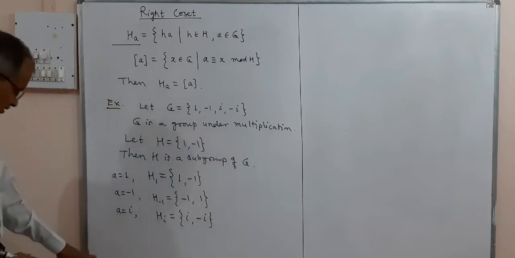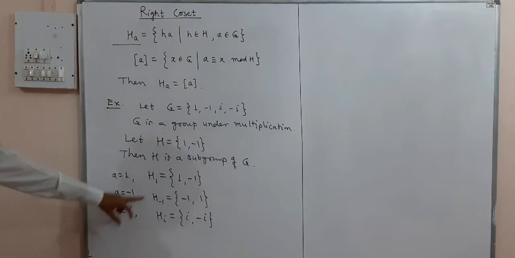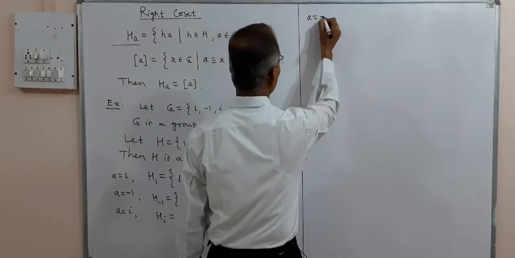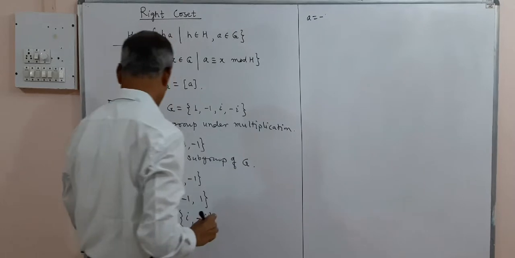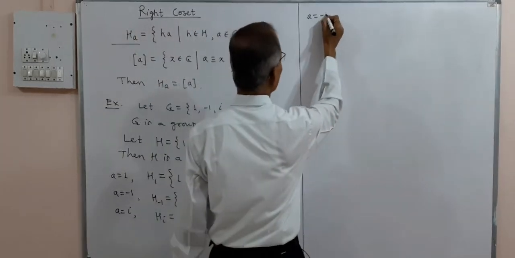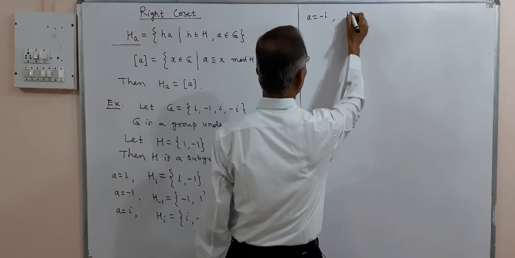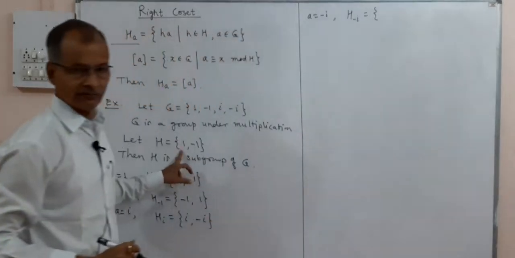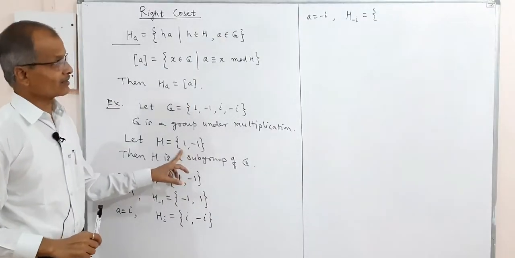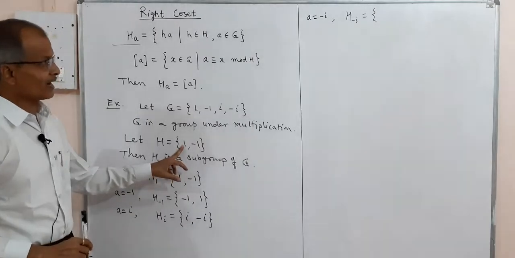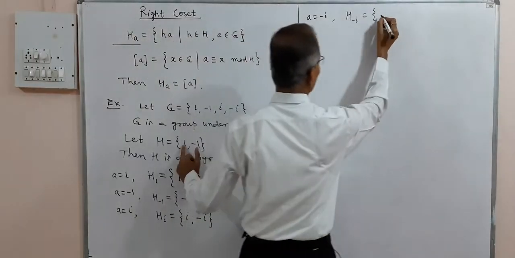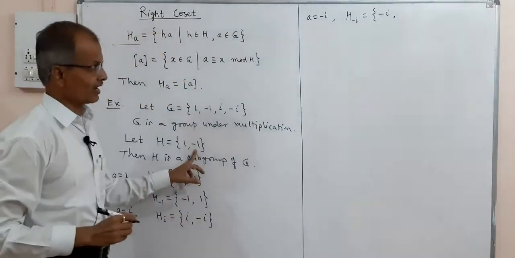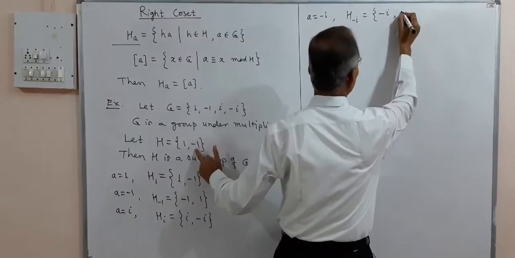And one more is remaining, that is a equal to minus i. So when a is minus i, what is the right coset? H minus i. We have to multiply the elements of H by minus i, and 1 into minus i is minus i, and minus 1 into minus i will be plus i.